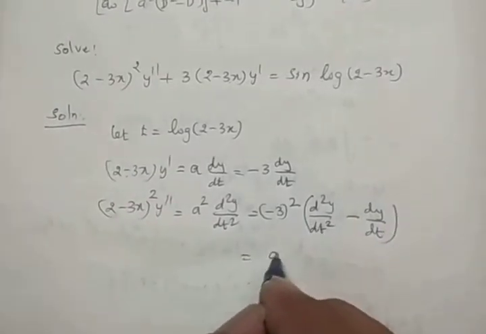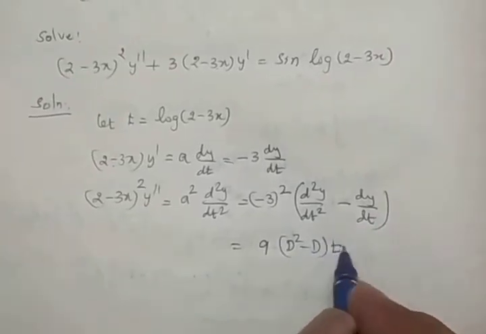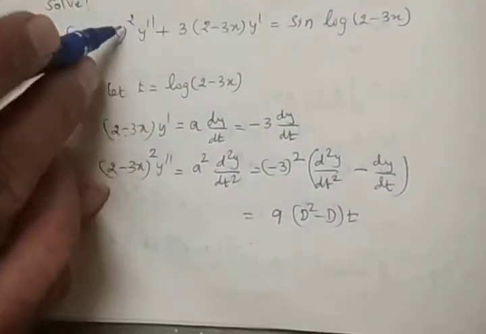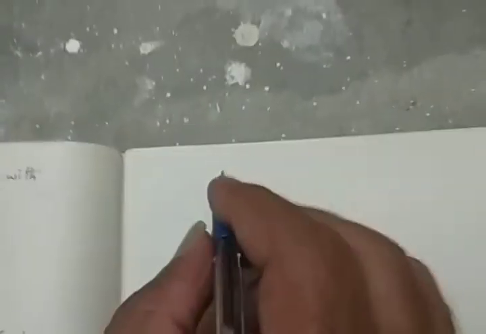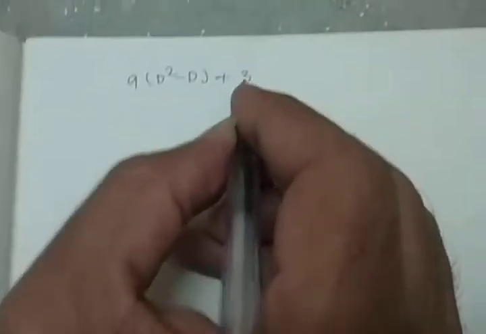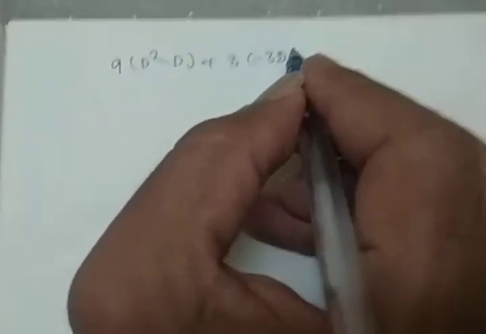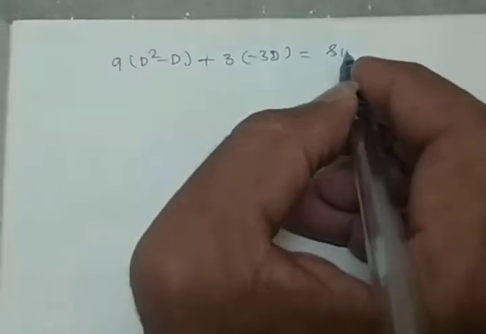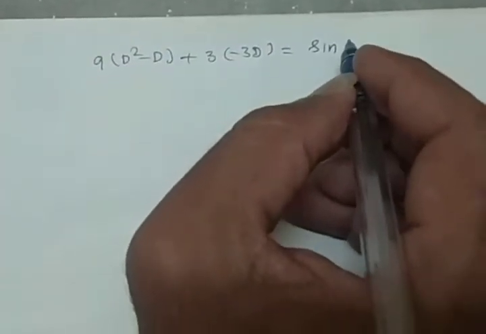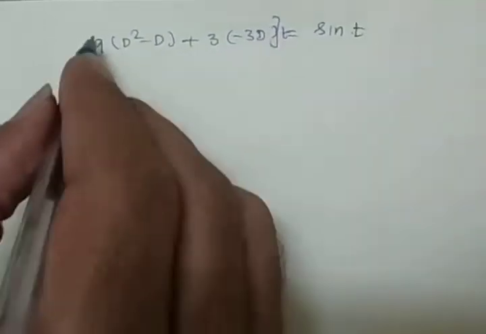So we can write it as 9 times (D² - D) of y. Now these things we substitute in the equation. We can write it as 9(D² - D) + 3(-3D) equal to sin of log of (2 - 3x), which is t. So everything is written in terms of t.